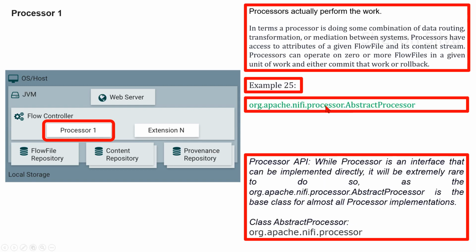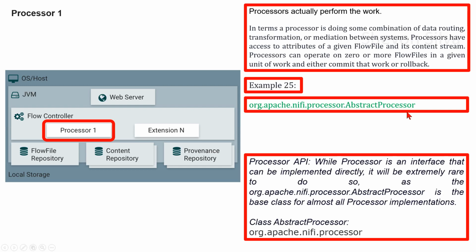Now we are considering the processor API here. While the Processor is an interface that can be implemented directly, it will be extremely rare to do so. The org.apache.nifi.processor.AbstractProcessor is the base class for almost all processor implementations, the class AbstractProcessor, in package org.apache.nifi.processor.